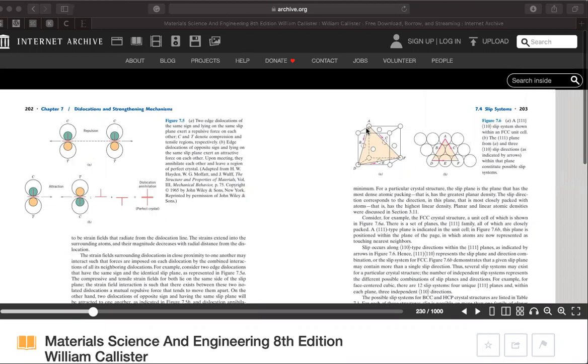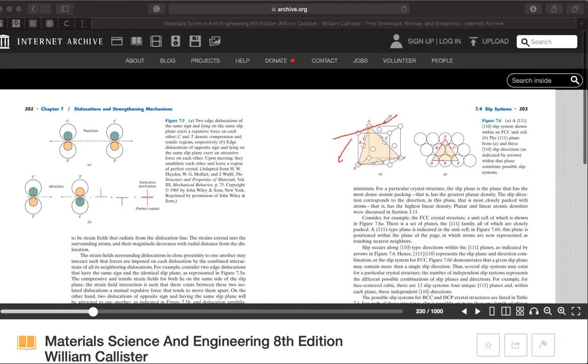On this plane, the dislocation will slip in a certain direction, could be AD, it's possible. Let me draw a dislocation line. So a dislocation line will slip on this plane in this direction.